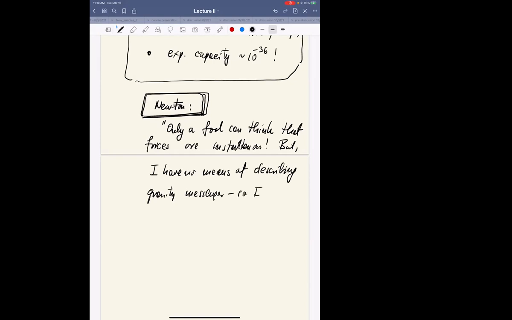So I will pretend that gravity acts at a distance. He will pretend he's a scientist. This is the beginning of modern science.